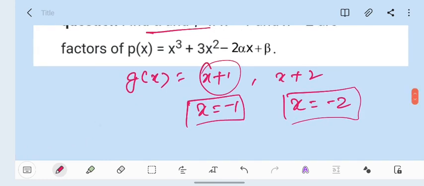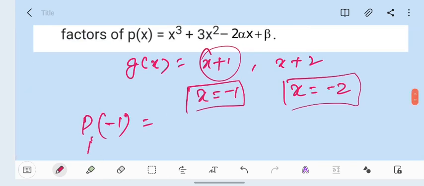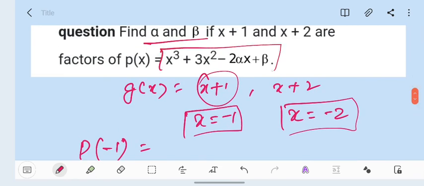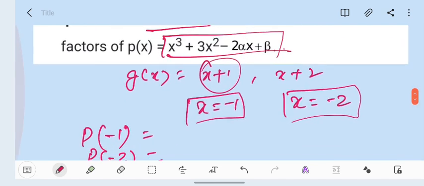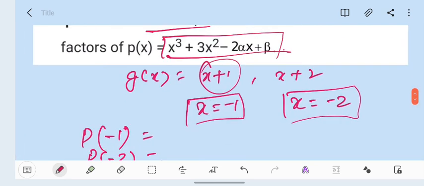Just substitute the values p(minus 1) and then p(minus 2) and check what value you get. You get two linear equations in two variables, and then add or subtract them, and you will get the values of alpha and beta separately.